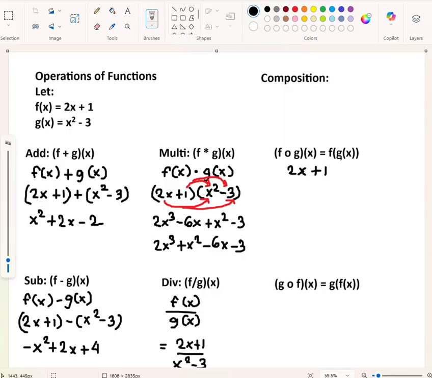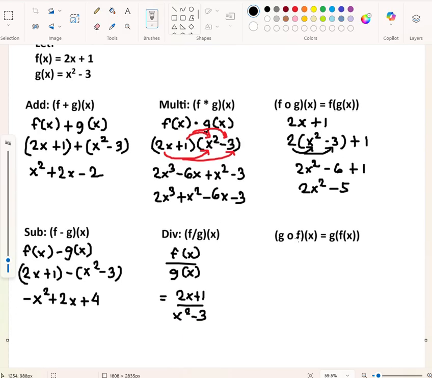Then after that, the g of x, so 2 times x squared minus 3, plus 1. Then distribute. So 2x squared, and then 2 times negative 3 is negative 6, and then plus 1. Negative 6 plus 1 is negative 5. So we have 2x squared minus 5, and that's the final answer.